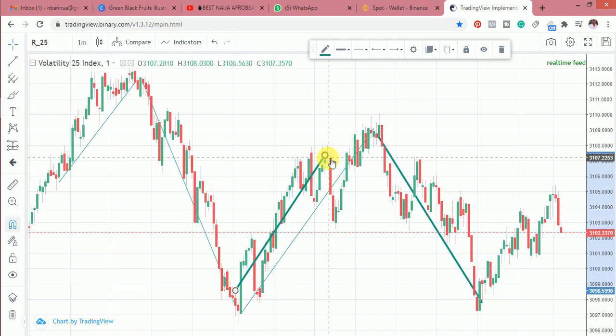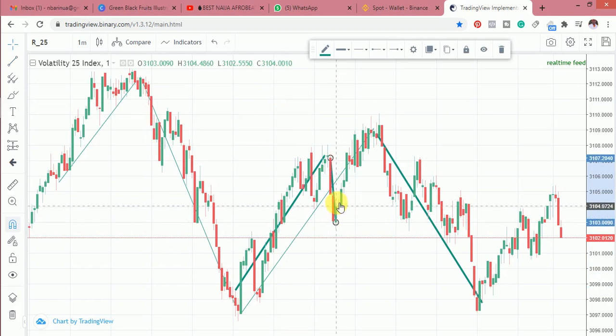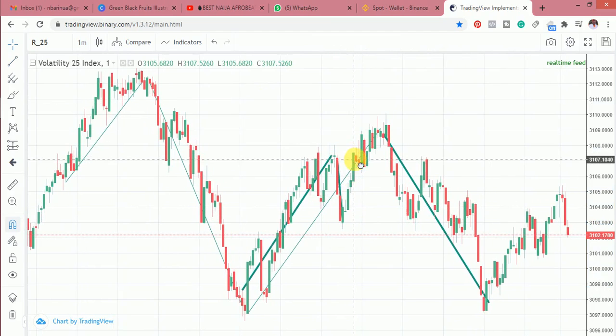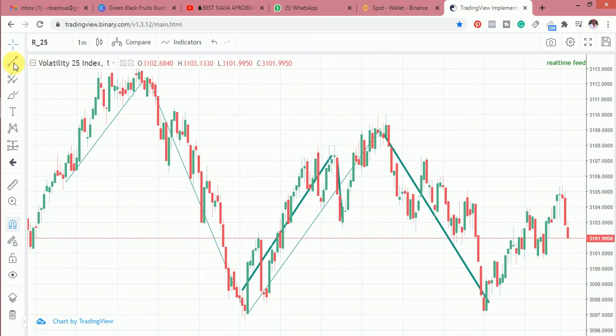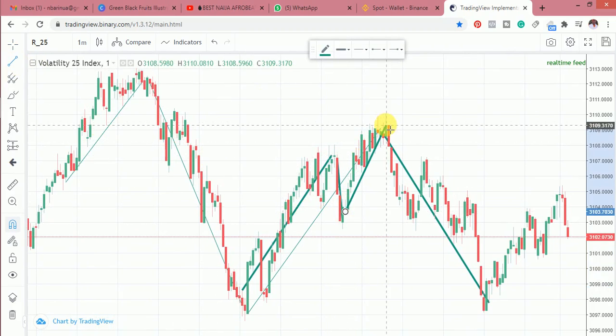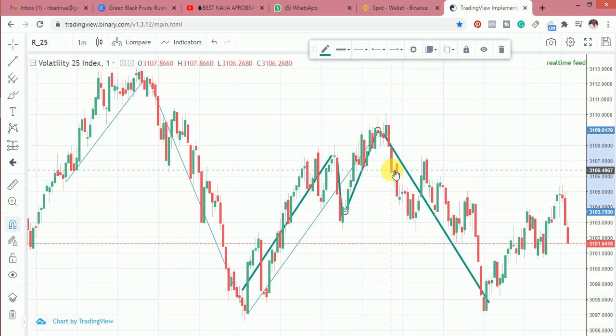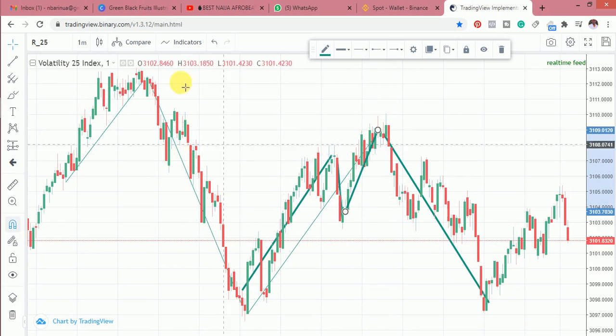Alright, and then from there to here, and then another one up here. Which, if you connect this one, forms another M within this larger M.